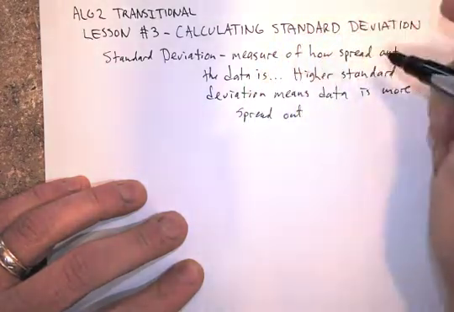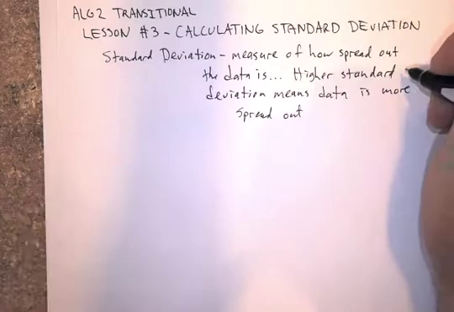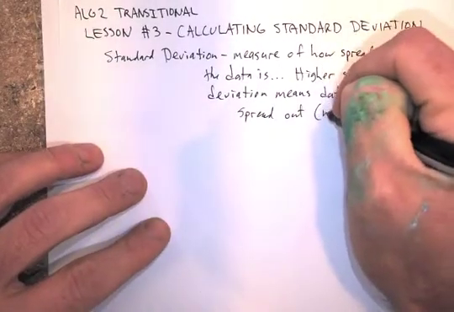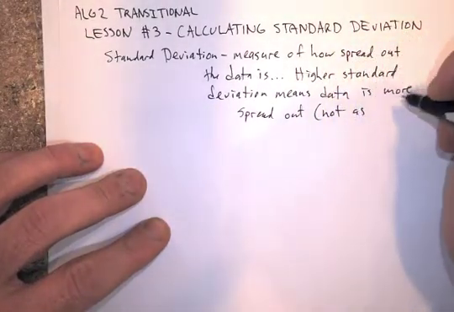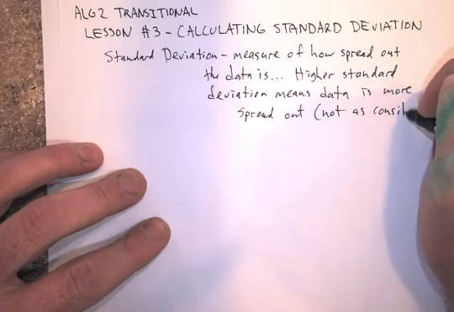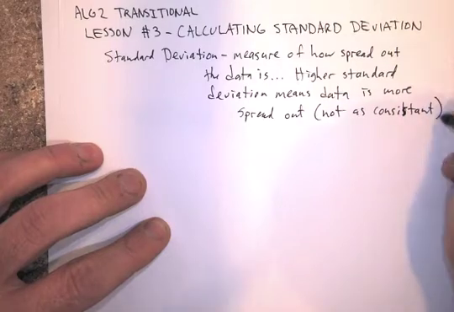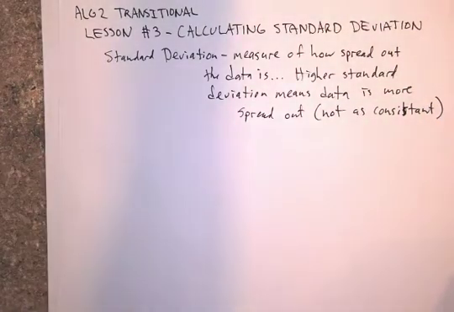Spread out, like the numbers are far apart. Or we could say it's not as consistent. Okay? Data is not as consistent. It has higher standard deviation.